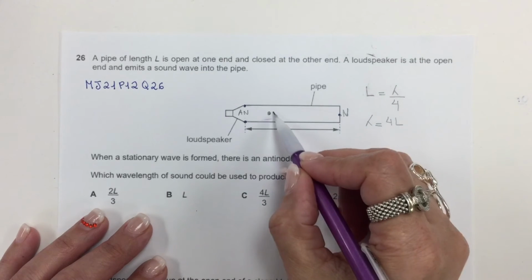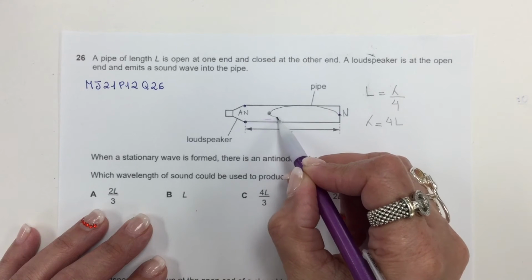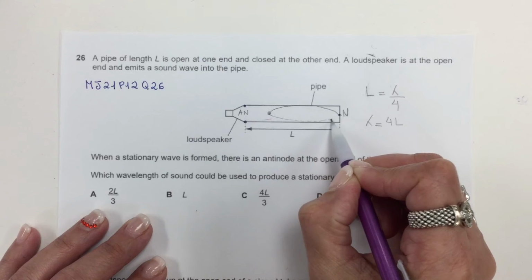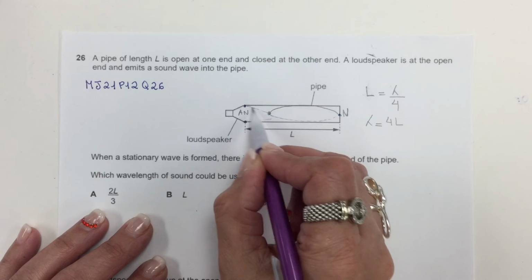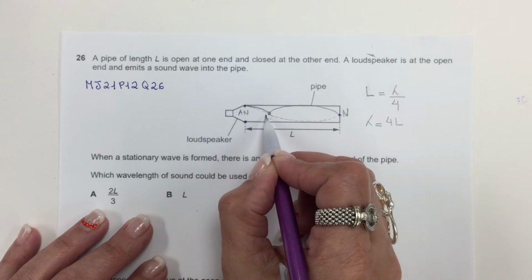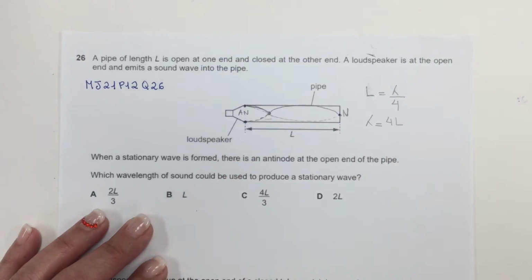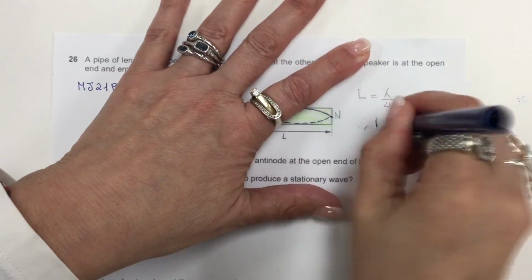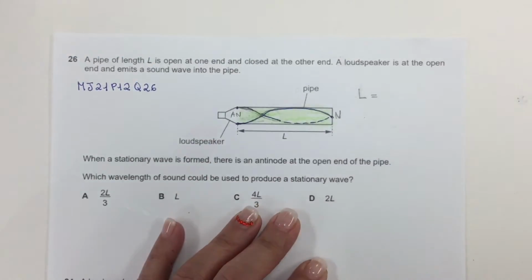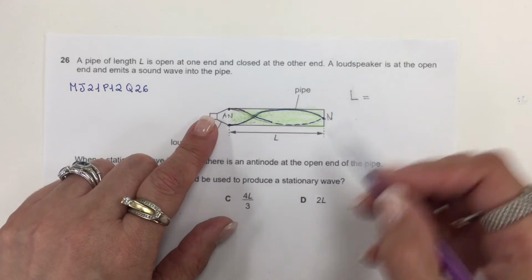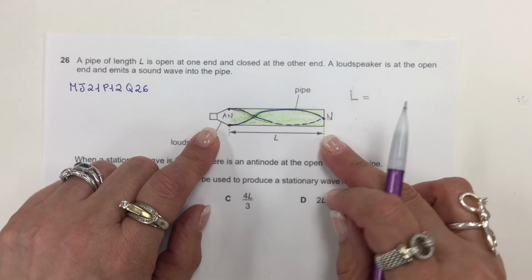So between two nodes there is an antinode, and this will be a quarter shorter than before. Then I'm going to erase this because it has changed. Okay, now I need to rewrite this. In this length L, I can fit 3/4 of a wavelength.